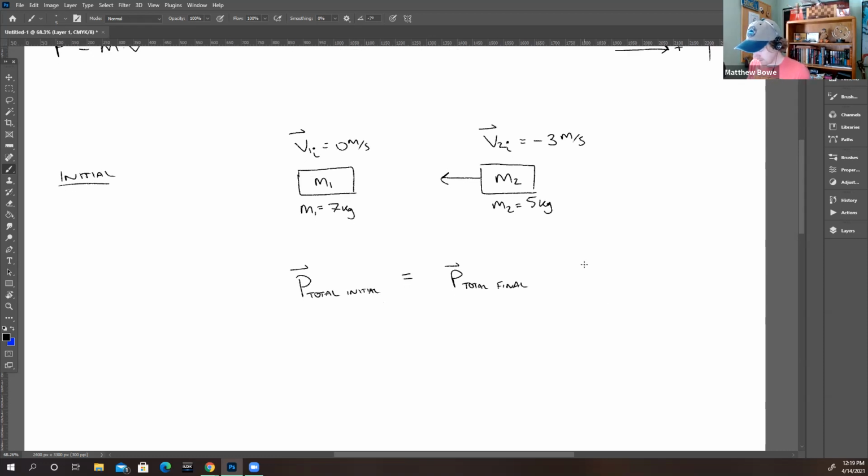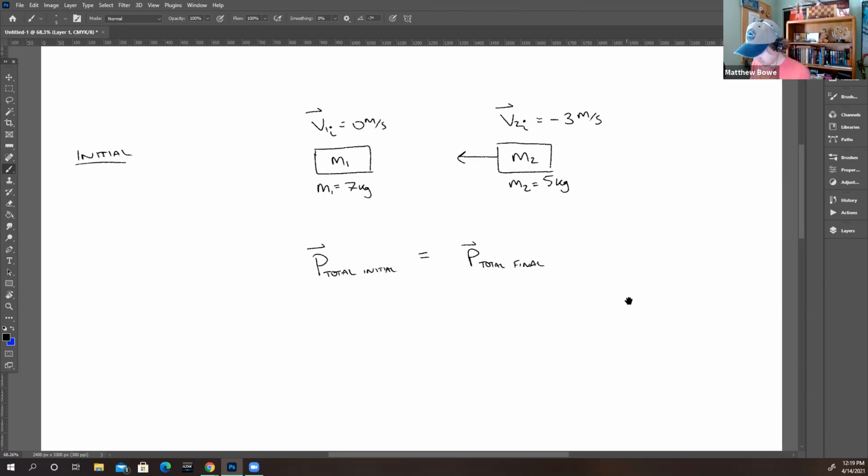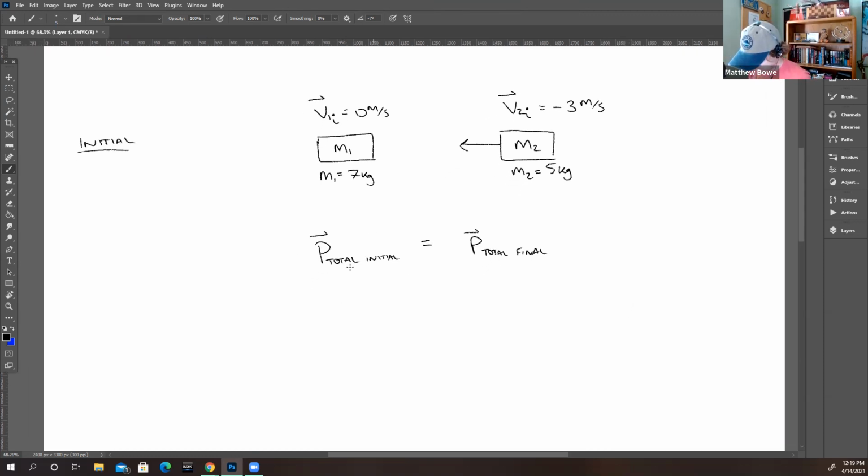Okay, so in this case, let's do this problem. The total initial momentum is just the momentum of the first object plus the momentum of the second object, I, like that, is equal to the momentum of the first object final plus the momentum of the second object final.